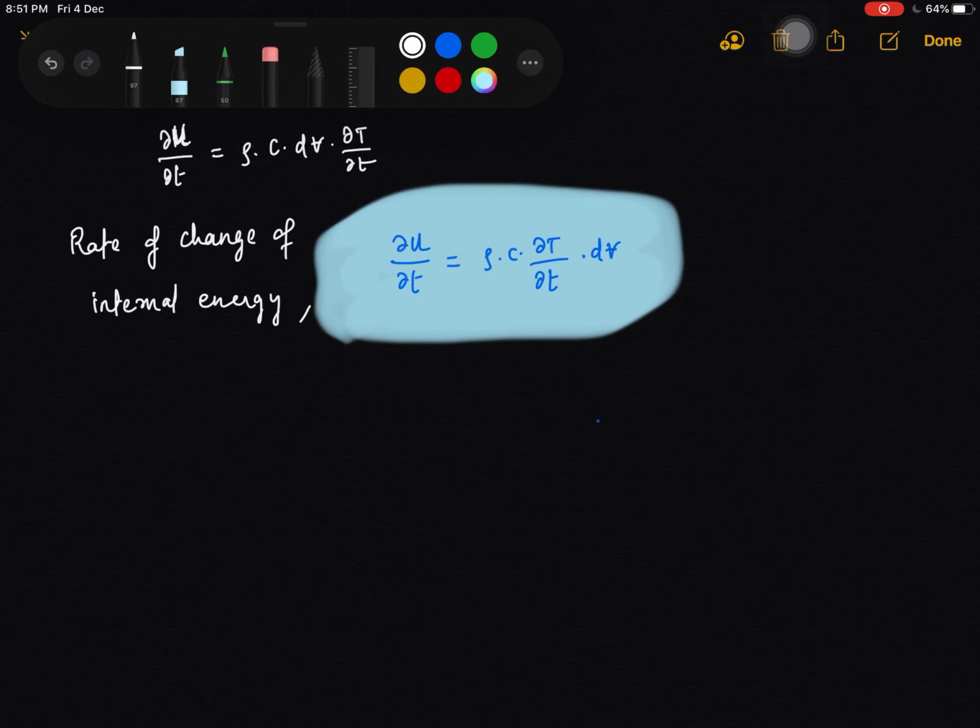So let's club all these three terms into one equation.